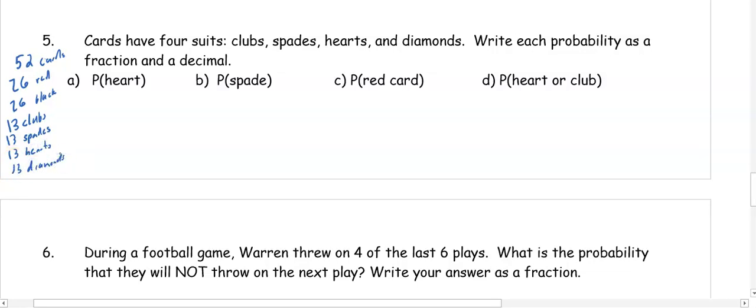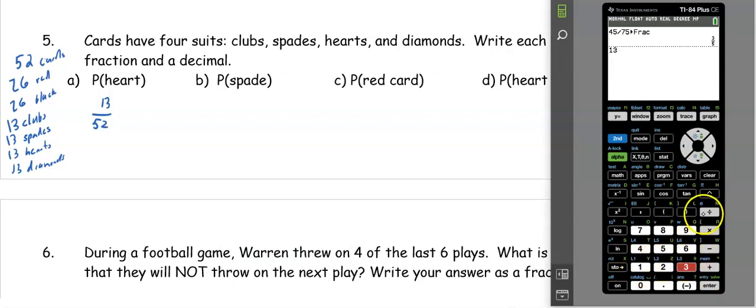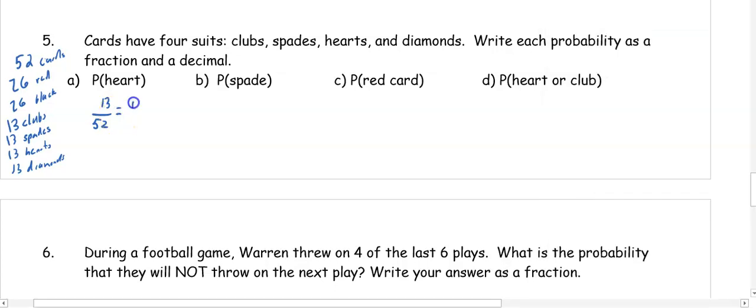So what's the probability of pulling a heart? So there are 13 hearts out of 52 cards. 13 divided by 52, math, enter, enter, is 1/4, which is 0.25 as a decimal.